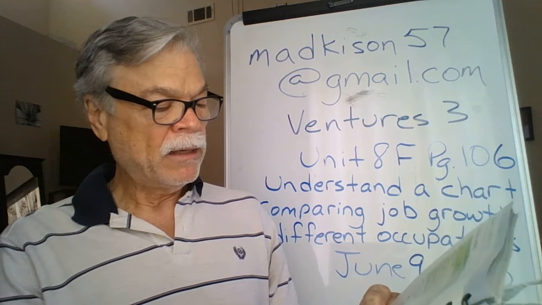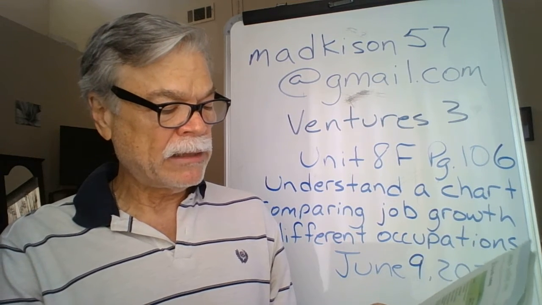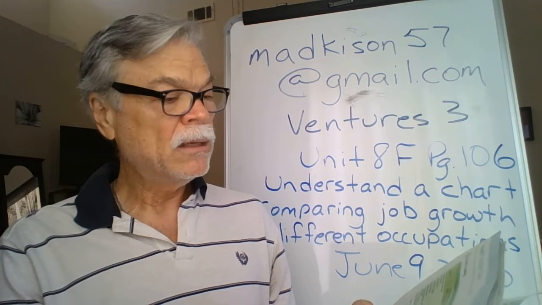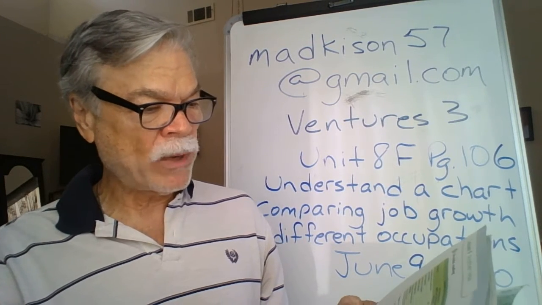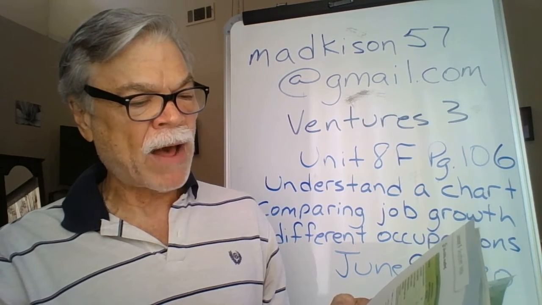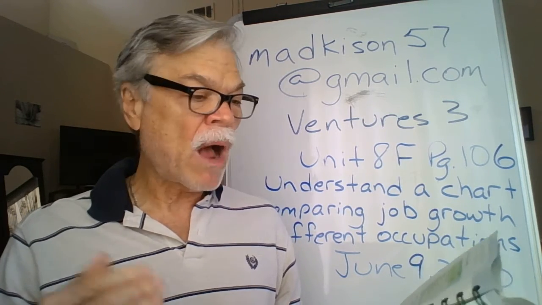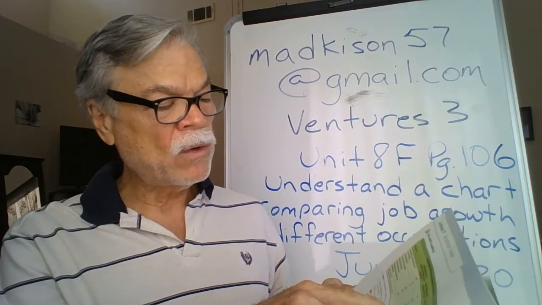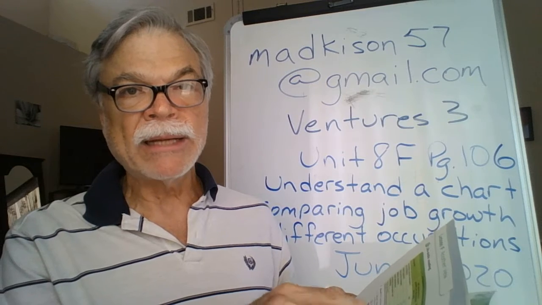Let's look at B. It says veterinary technologists and technicians and medical assistants. So veterinary is 18.7 and medical assistants is 23.5. Those are the two highest percent increases in the whole column. So I would say that that is the correct answer.